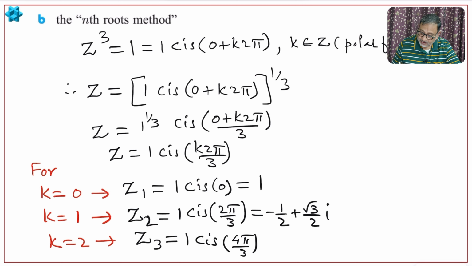4 pi by 3 is in the third quadrant. So cos 4 pi by 3 will be negative 1 by 2 and sin 4 pi by 3 will be negative root 3 by 2. So negative half negative root 3 by 2 i.